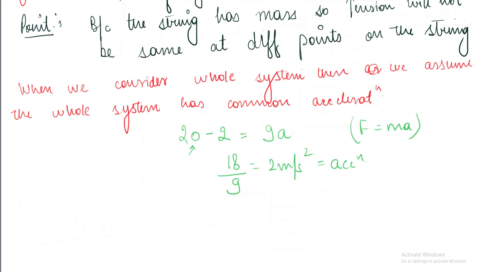The next part is find the tension at the point 2 meters from the 4 kg block. Now consider this is the 4 kg block and the string 2 meters behind. Now consider this as a system. The mass of this part of the string is 1 kg because it is 2 meters, and the total length of the string is 6 meters, which has 3 kilogram.